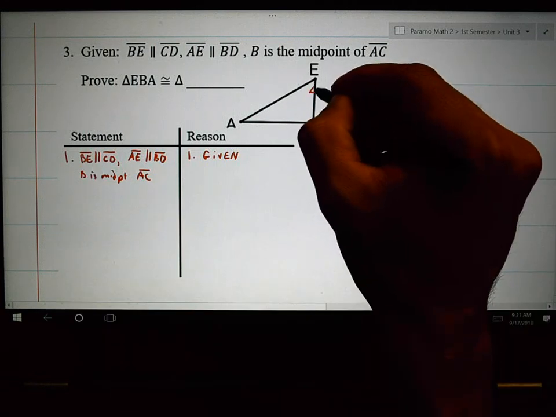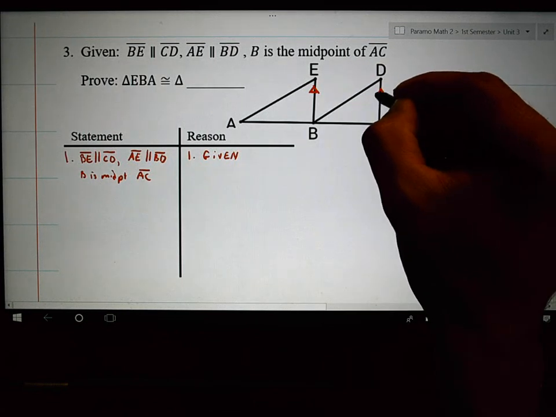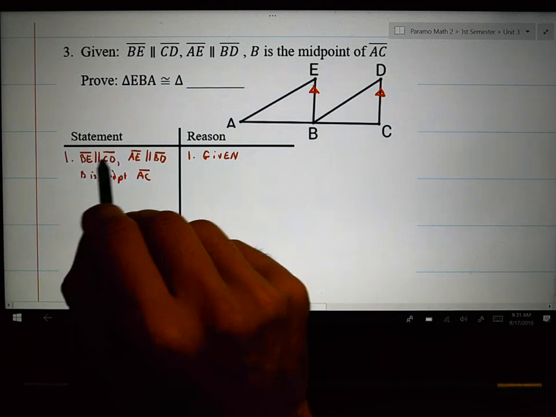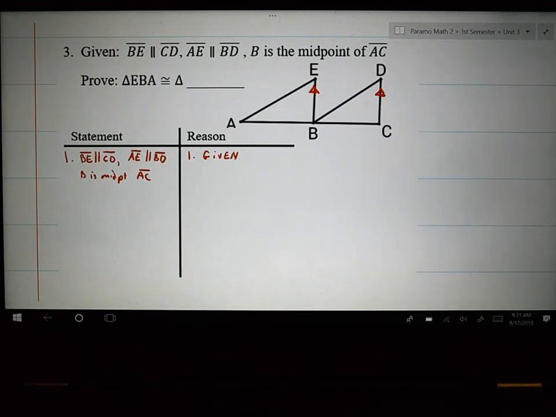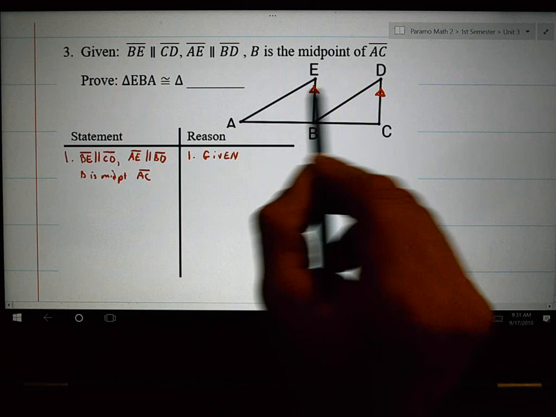Since this is your first bit of information, what I would do is I would draw a single arrow on both of those, BE and CD, so that I know, oh, those are parallel. That was given to me. That's your first piece of information. I just draw a 1 and a 1, parallel, parallel.